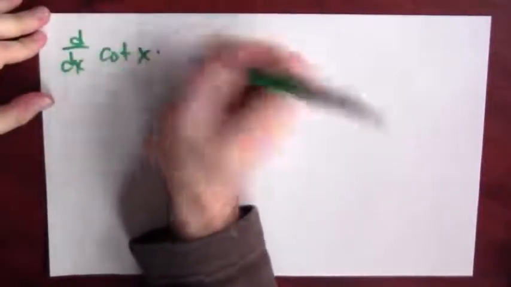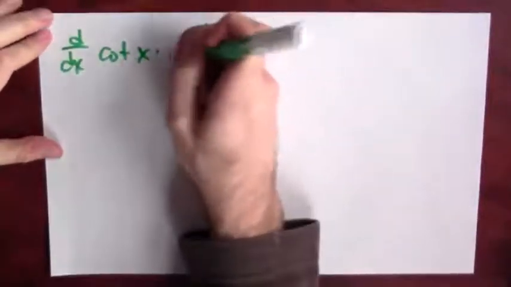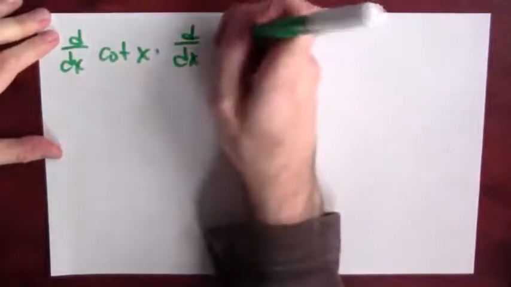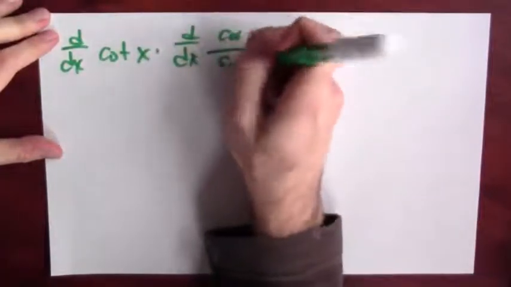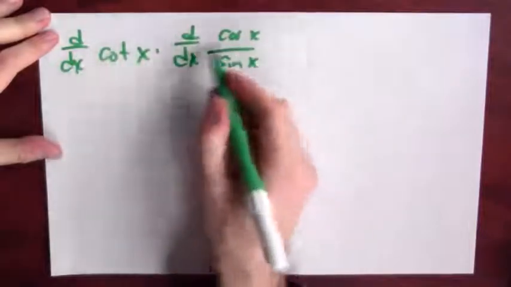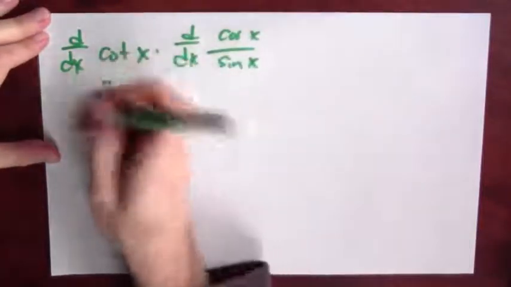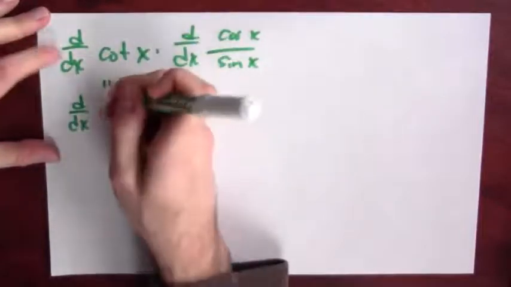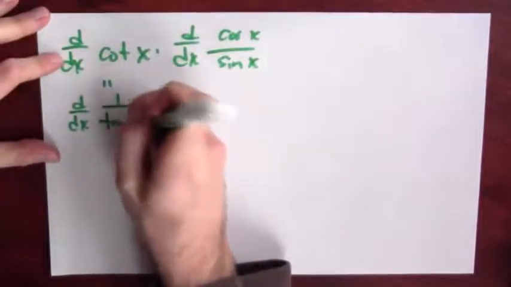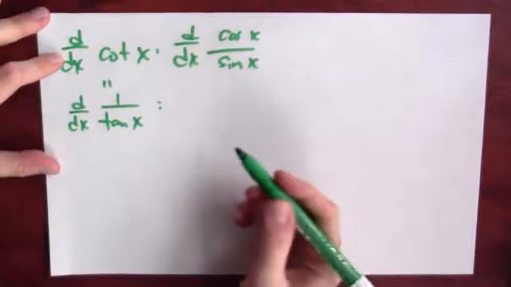Now we can complete the story by differentiating cotangent. Okay, so how do I differentiate cotangent x? Well, we actually have some choices. One way would be to write this as the derivative of cosine x over sine x, because cotangent is cosine over sine, and then apply the quotient rule. Or I could use the fact that cotangent is 1 over tangent, and then differentiate this using the chain rule.